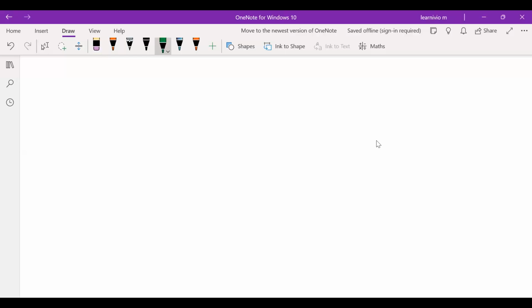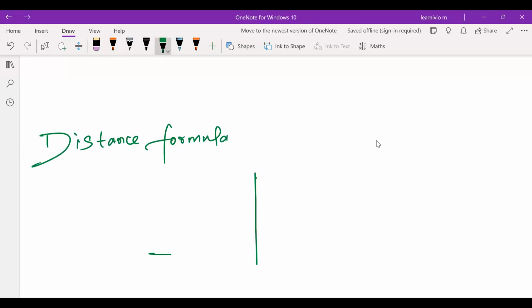So at first we have the distance formula. Suppose in the coordinate axis you have a point whose coordinate is 2 comma 1. Okay, x is 2, y is 1, and the name of the point is A. We have one more point, point B, with coordinate x is 5 and y is 7.